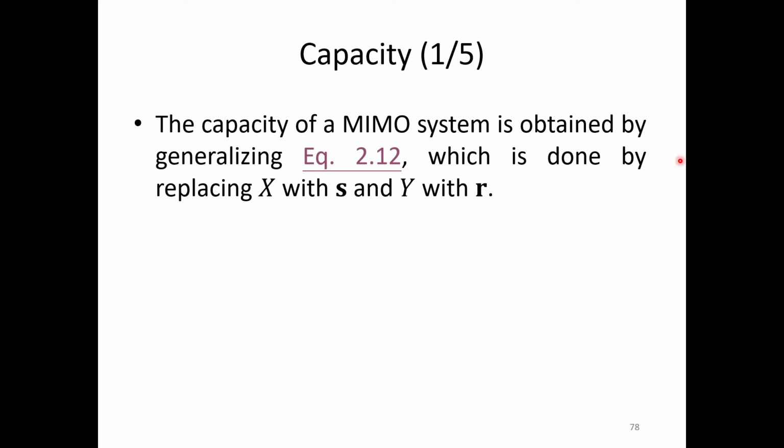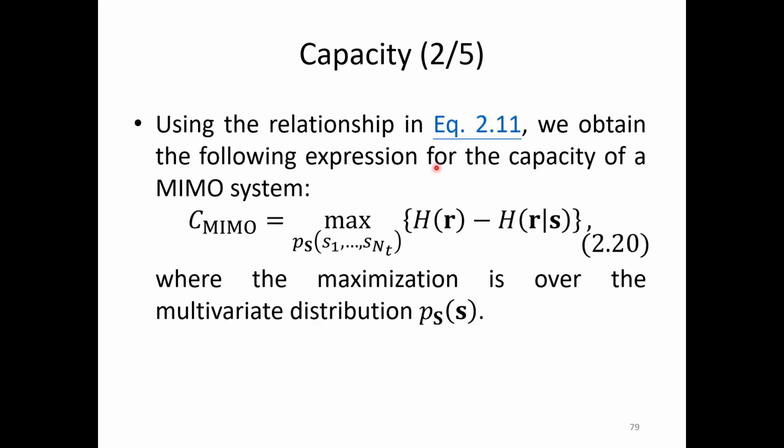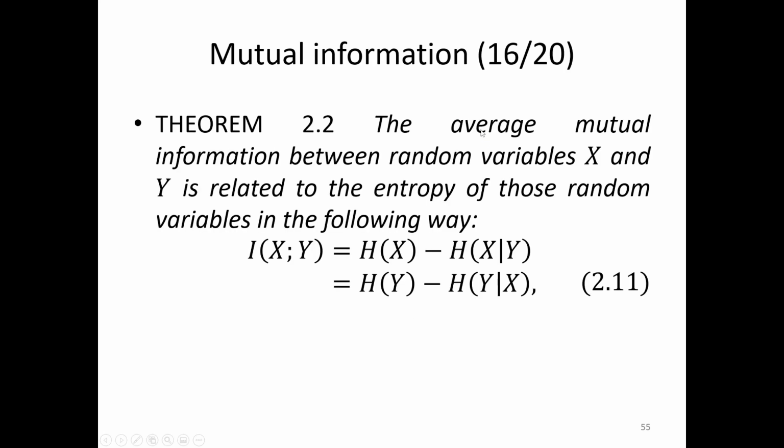Okay, which is done by replacing capital X with the vector S and capital Y with the vector R, using the relationship in equation 2.11. Let us go to equation 2.11.